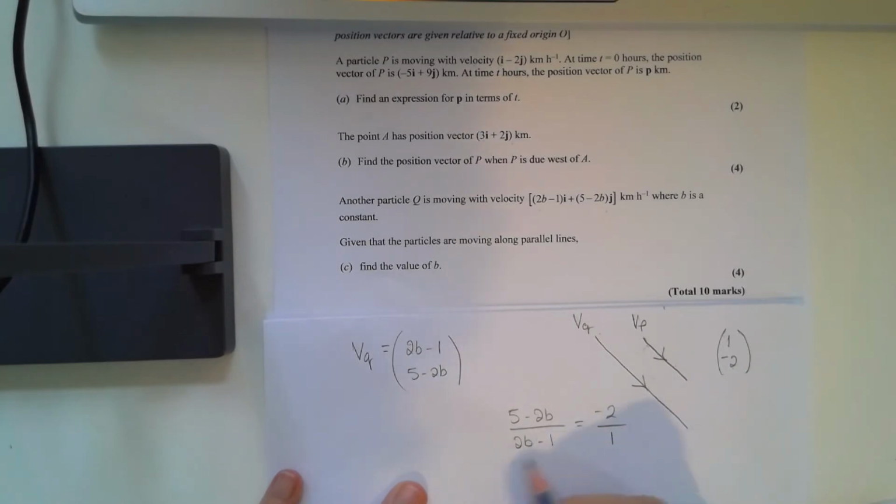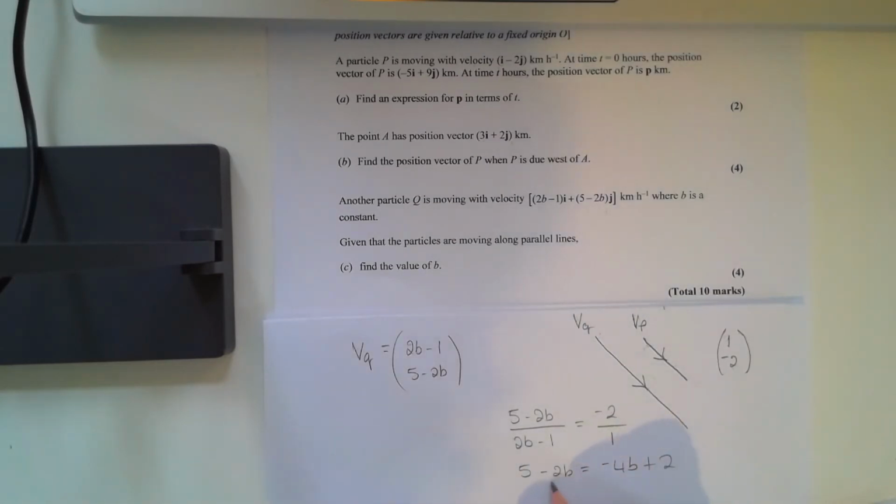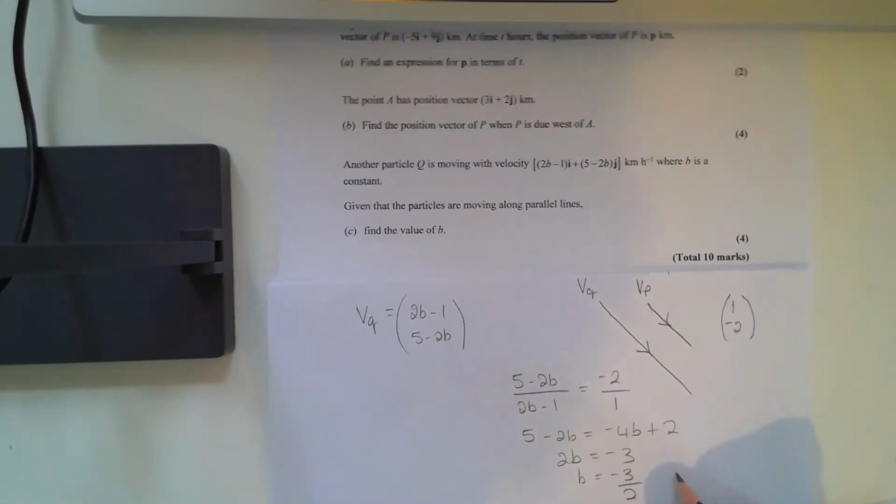And then multiplying both sides, 5 minus 2b equals, and I can multiply out by negative 2, so negative 4b plus 2. So now I've got 2b equals negative 3, b equals negative 3 over 2, or negative 1.5.